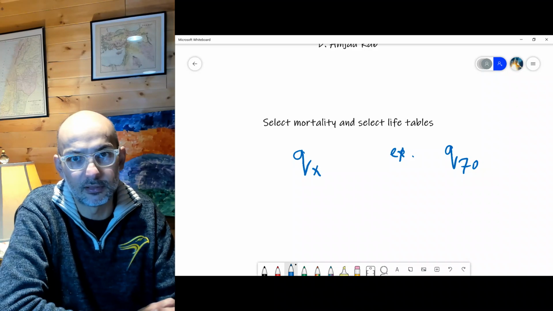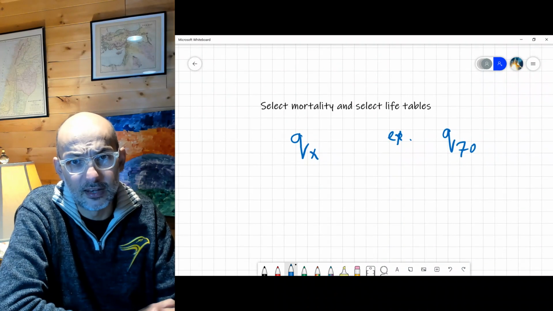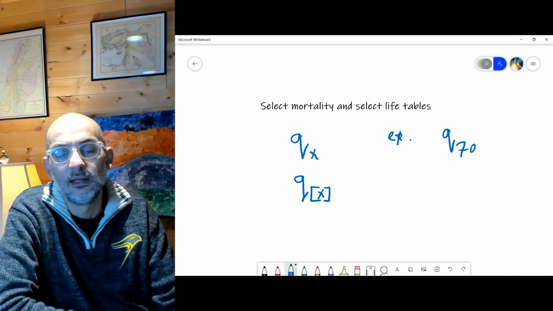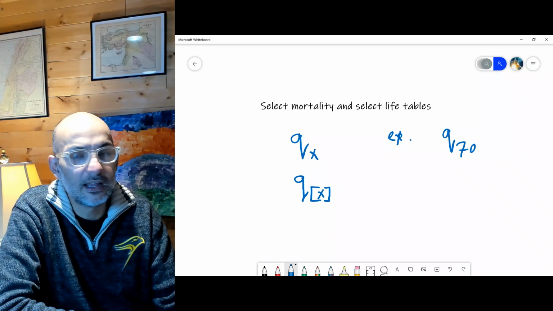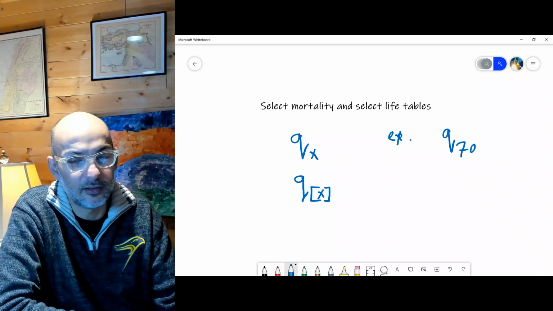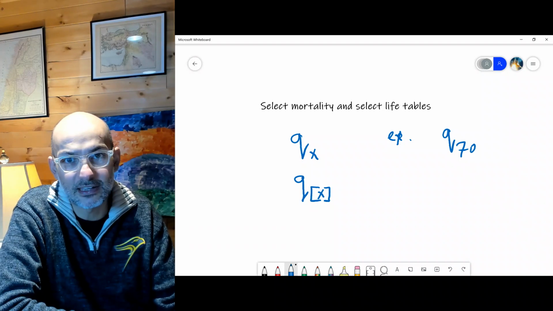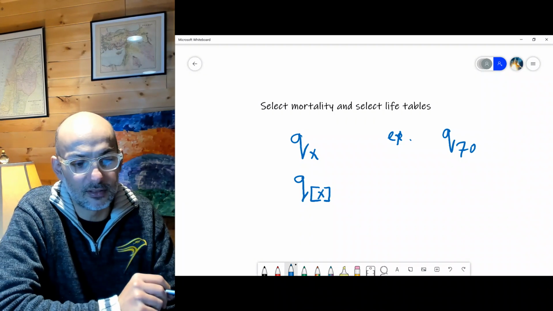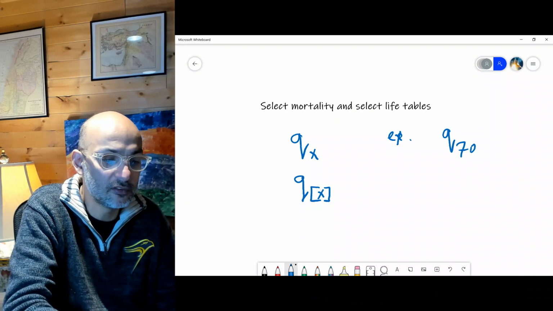For the select, we give it a new term, Q_[x]. When you see Q with brackets around x, the information is that x is the age at selection, for instance 70.